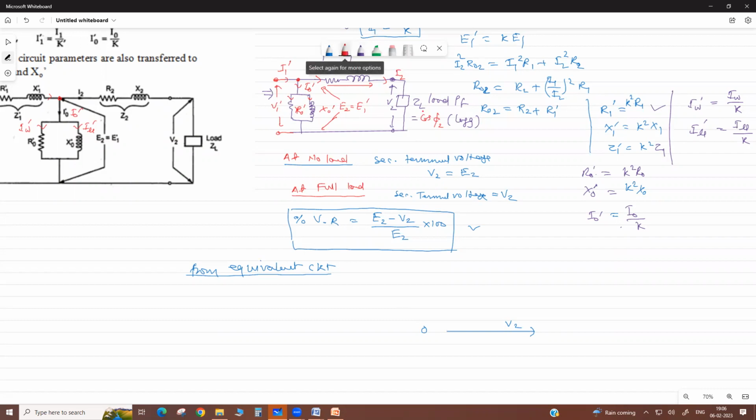Now due to V2, this load current will be at lagging power factor, cos phi 2. Cos phi 2 is your power factor. Then we can calculate phi 2 if they give the power factor.